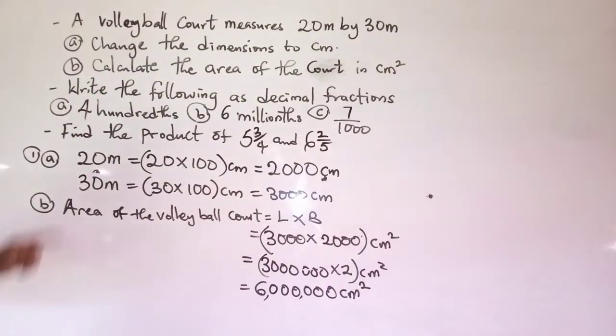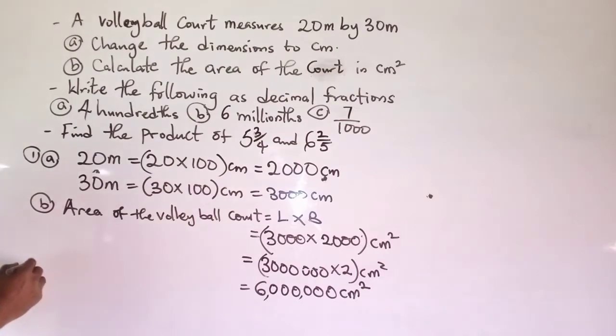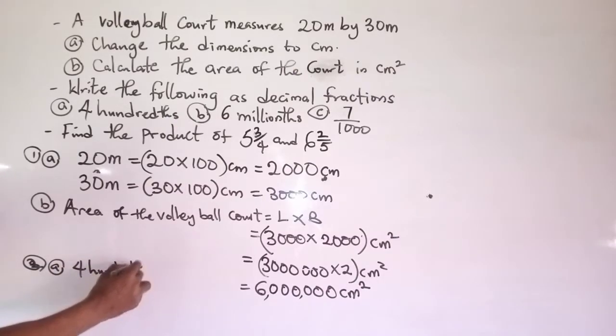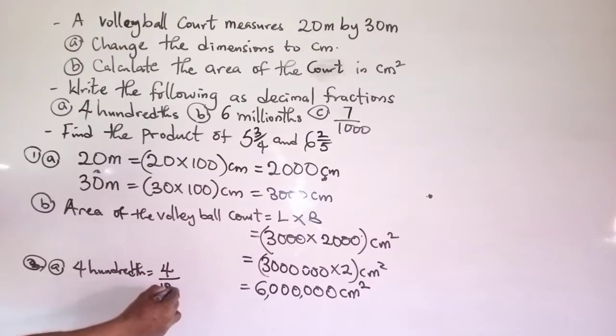The third part of the question, the second part of question number 2, we have 400 over hundreds, and that will give us 4 divided by 100.